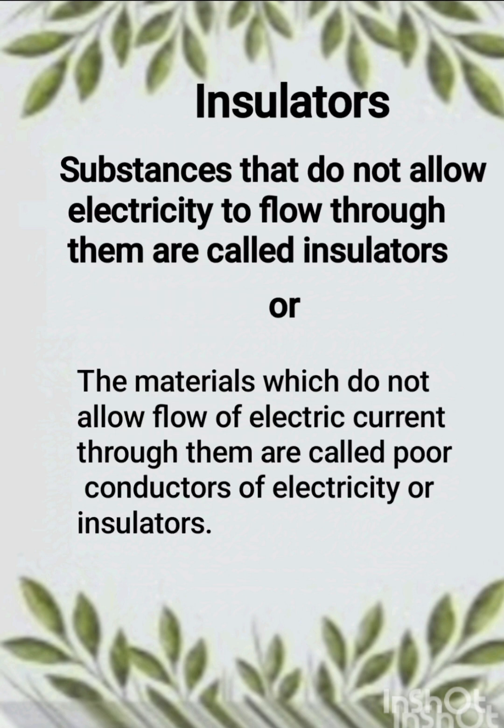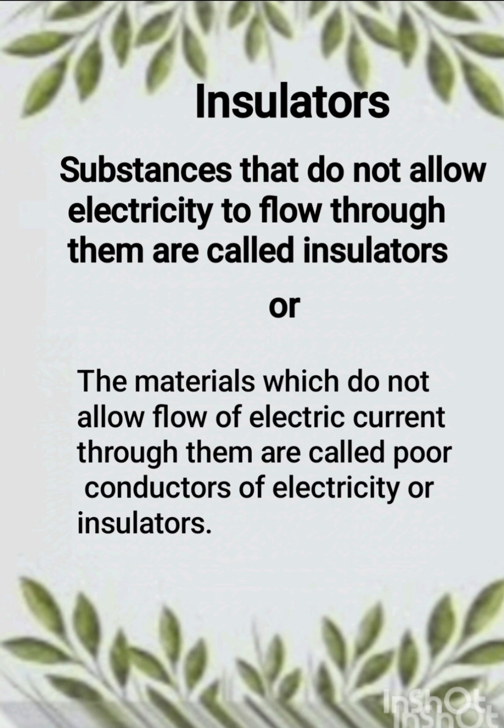Other substances, mostly non-metals like plastic, paper and cloth do not have free electrons. So, electrons or electrical charges cannot travel through them. Such substances that do not allow electricity to flow through them are called insulators.